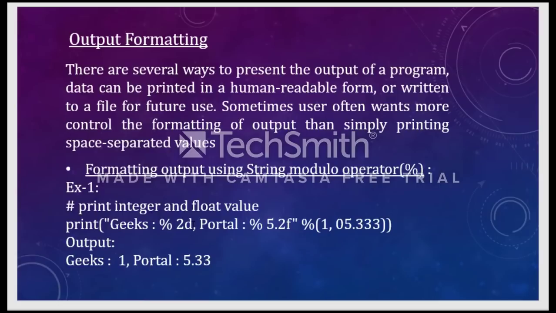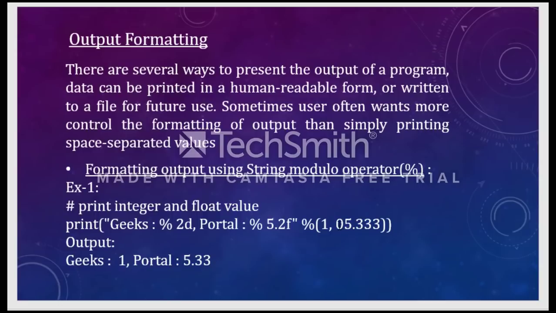At this percentage d, I want to get some integer value, and at this percentage f, I want to get some float value. As you can see in the output, at the place of percentage 2d I am getting 1, and after "portal" and a colon, I am getting the float value 5.33, which I mentioned in this parameters list.